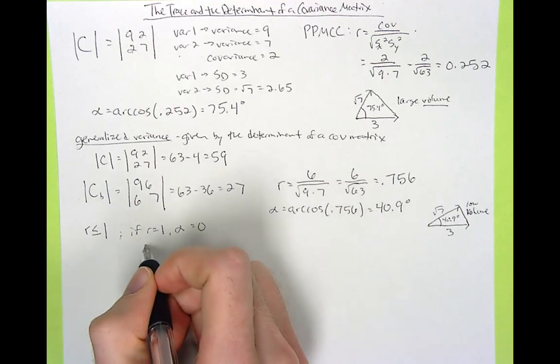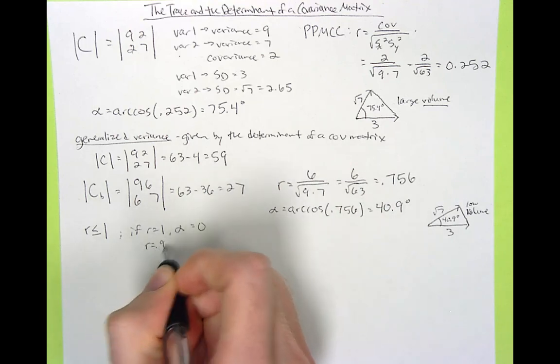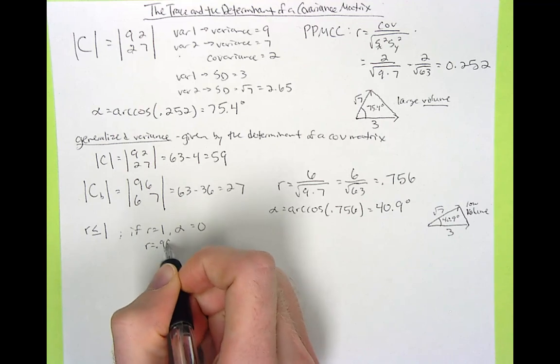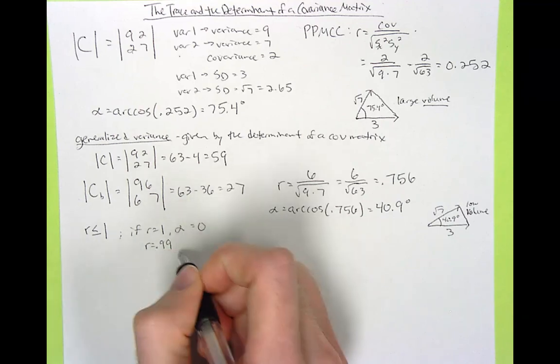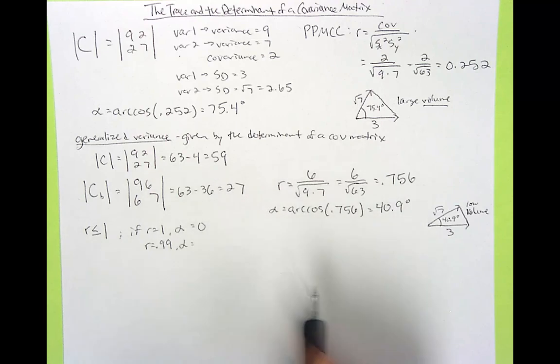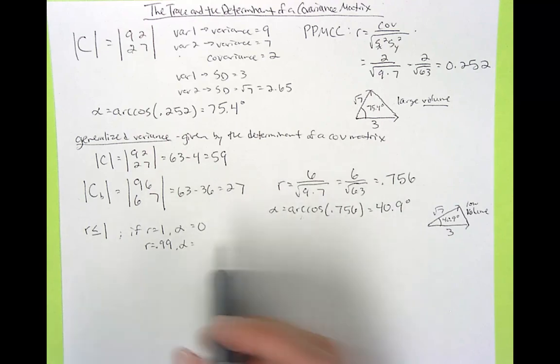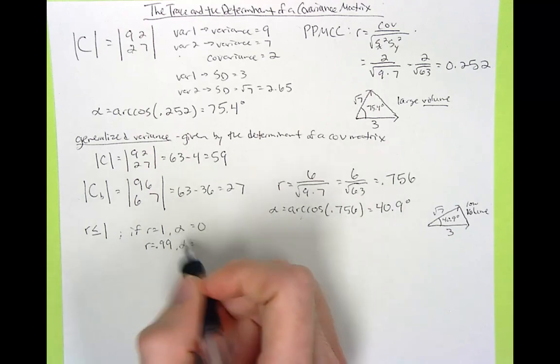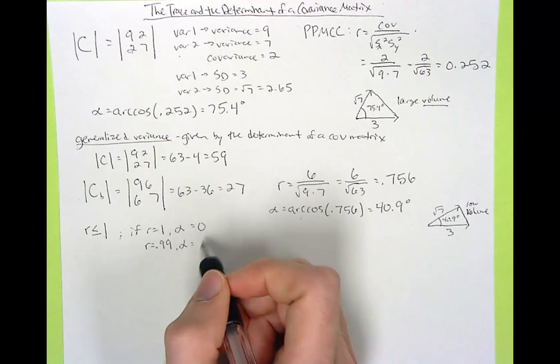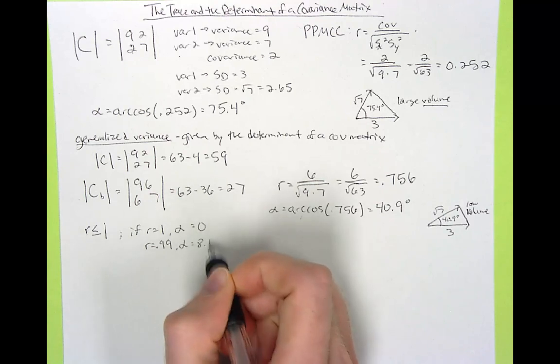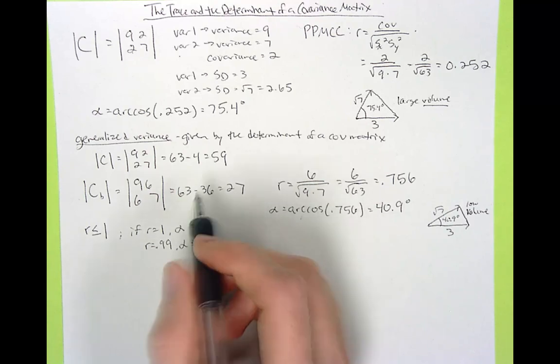So let's say we have a really powerful correlation, but it's not quite 1. R equals 0.99. The angle, just using the calculator, is 8.1 degrees, so it's pretty small.